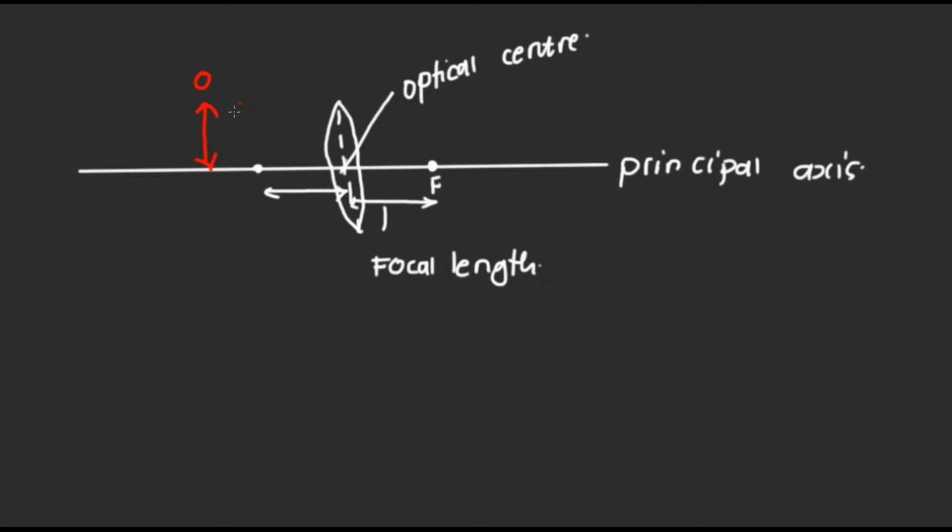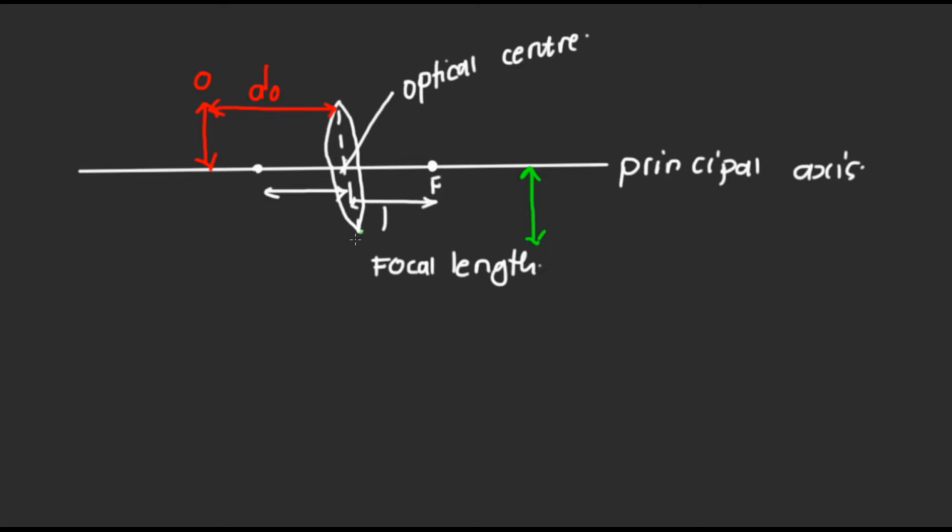Then the distance from the optical center up to where the object is placed is known as the distance of an object, and we use DO to represent this. Then let's say we have an image formed upside down on the other side of our diagram.